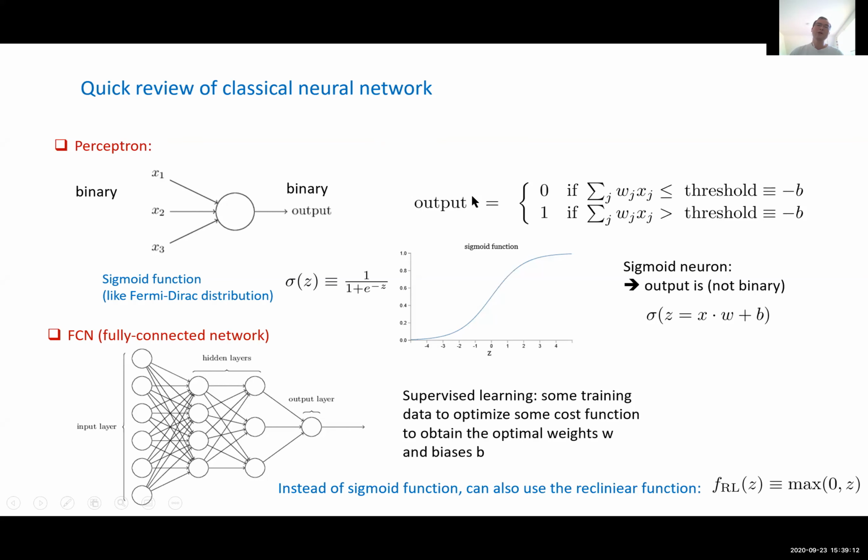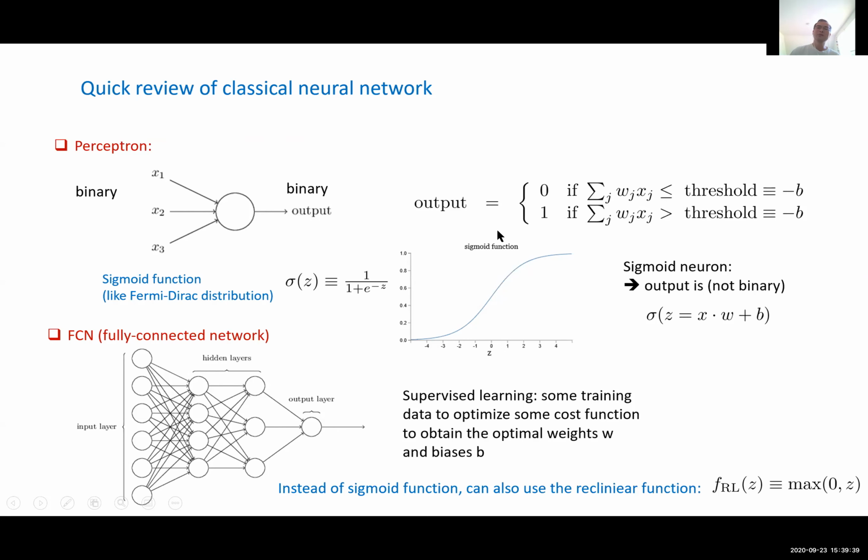And to model whether it wants to fire or not, you will have some weight. So depending on where you get the input, you weight these signals, and then to see if it's below some threshold, then I do nothing. If it's greater than some threshold, I send out the signal to the next neuron. Yeah, this is called perceptron.